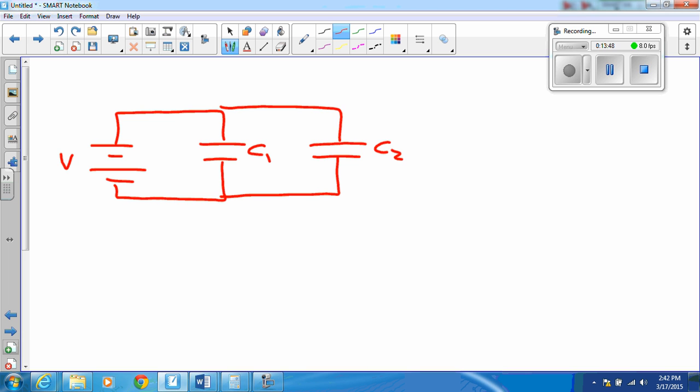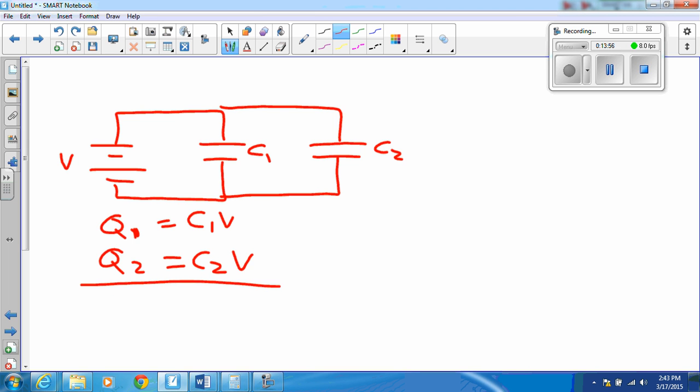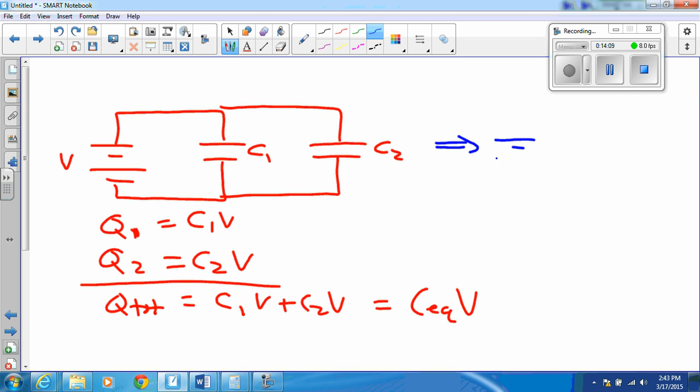We're going to compute the total charge, and then we're going to set total charge equal to CEQ times V. So I say that Q1 is equal to C1 times V, and Q2 is equal to C2 times V, so that the total charge is equal to C1V plus C2V, and that must also equal CEQ times V for my equivalent circuit right here.